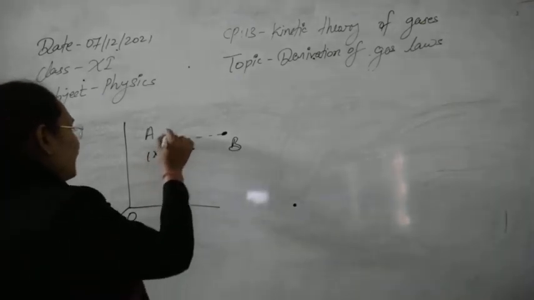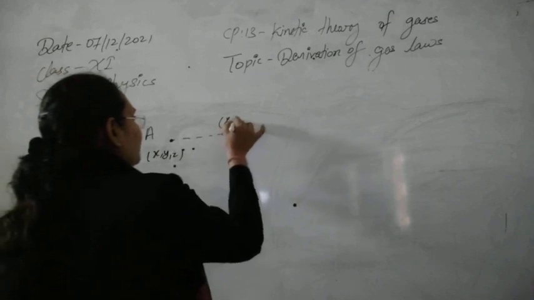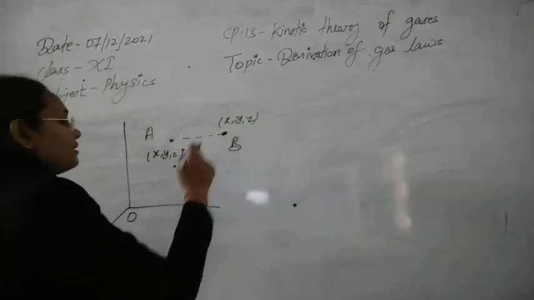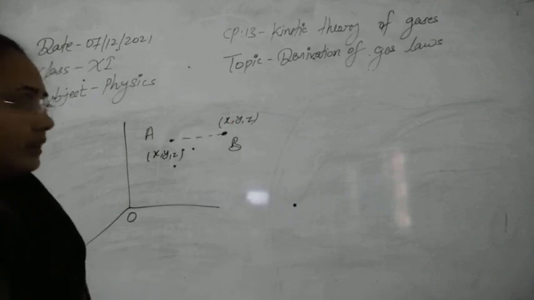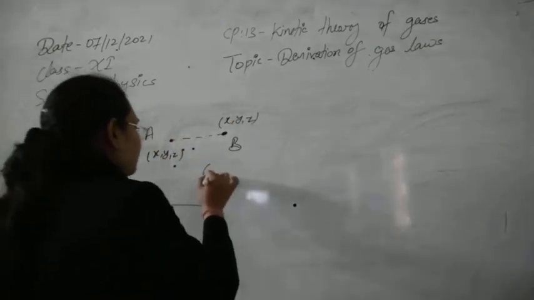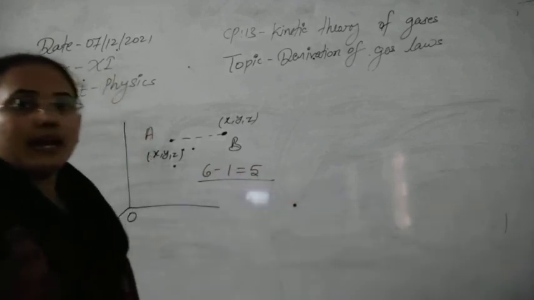To specify them individually we need 3 coordinates each, but as these two are linked, one coordinate is known already, so they will have 6 minus 1, 5 degrees of freedom.